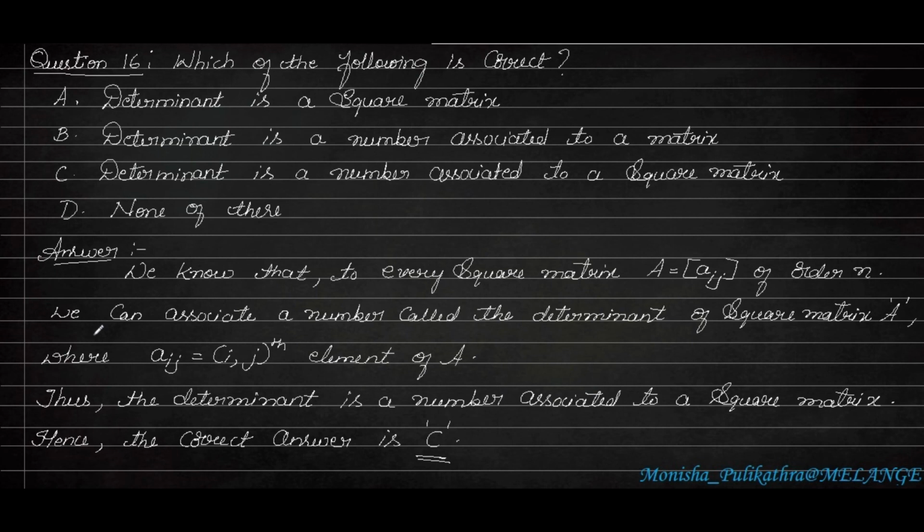An element in any matrix is recognized by a row and a column. By row and column, we specifically signify a particular element. Thus, the determinant is a number associated to a square matrix. Therefore, the correct answer is C. Determinant is a number associated to a square matrix.